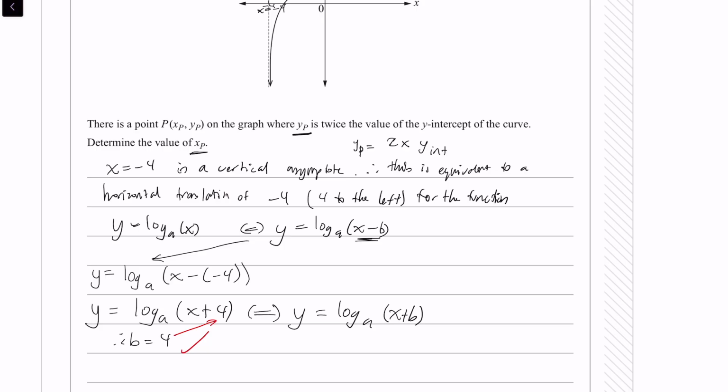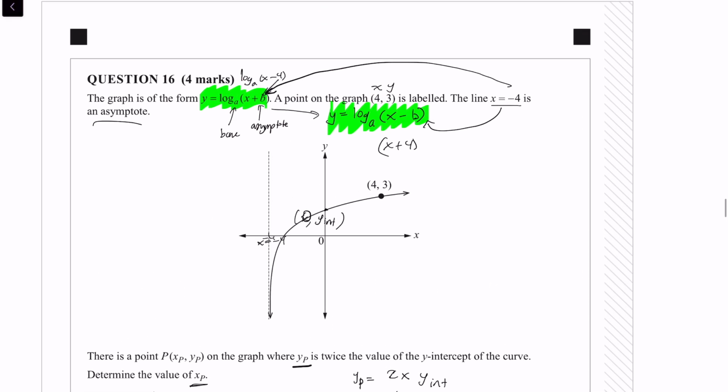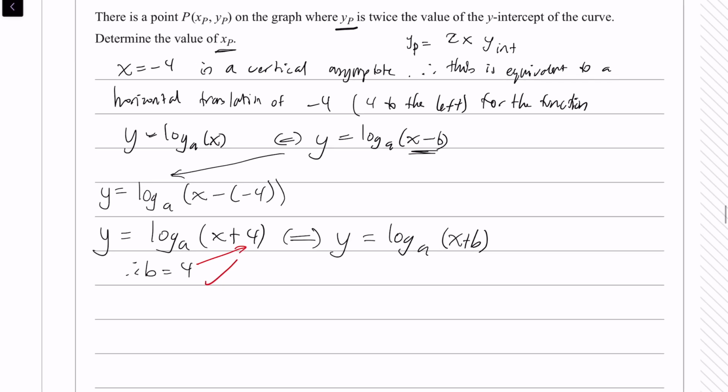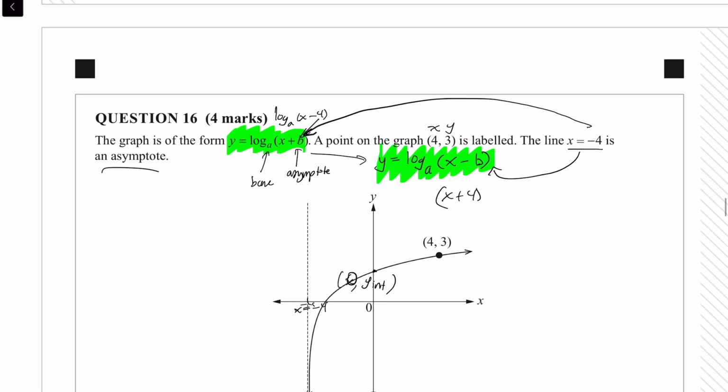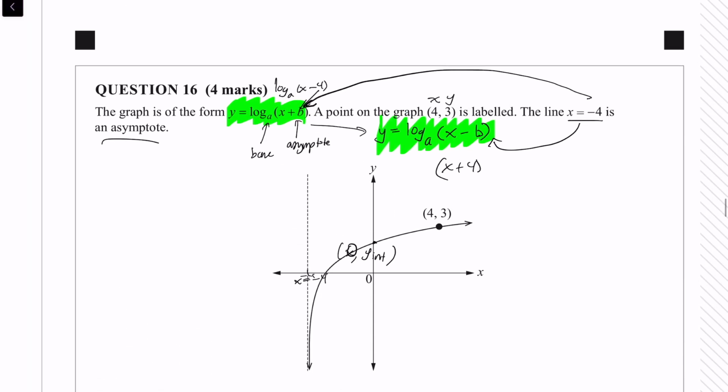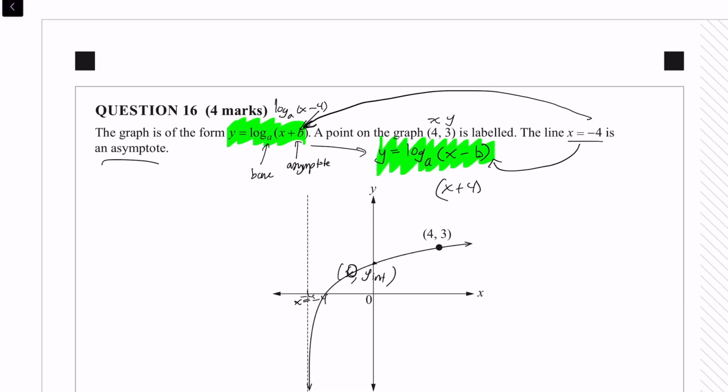Right, and then the next thing you do is to substitute a point, because if we want to find what lowercase a is, or our base for the log, but we know the other variables, such as what b is, and we know what y and x can be, then we can find a. So let's substitute again our x and y values.